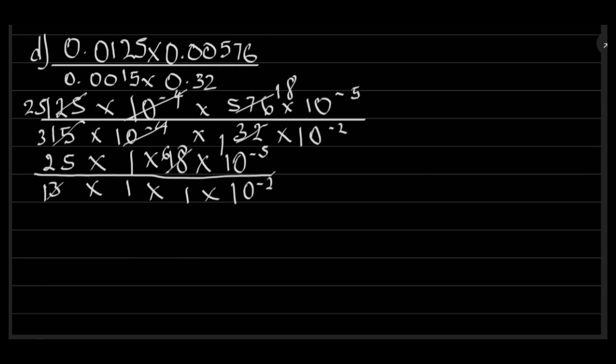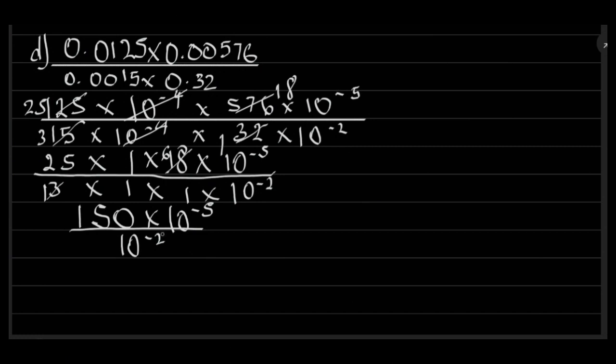So we are going to have 25 times 1 times 6, and that will give us 150 times 10 raised to the power negative 5, all over 10 raised to the power negative 2. Of course, all of these are 1, so they don't really add value to what we are doing.